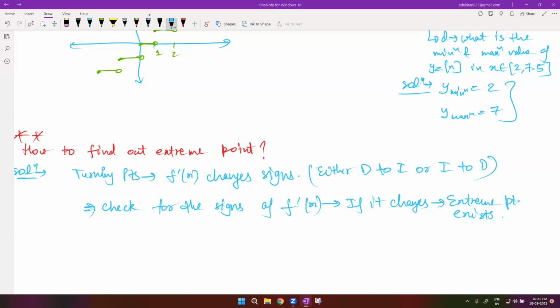To check for the extreme points, we have to find out f dash x and then check whether the sign of f dash x is changing or not. And how do we check that? By the way, use what? Wavy curve. Use wavy curve.